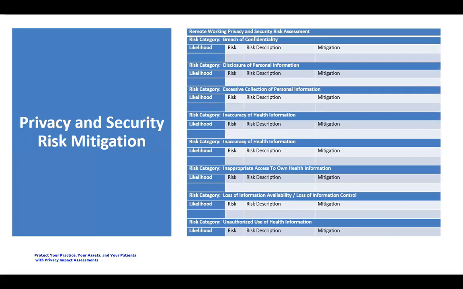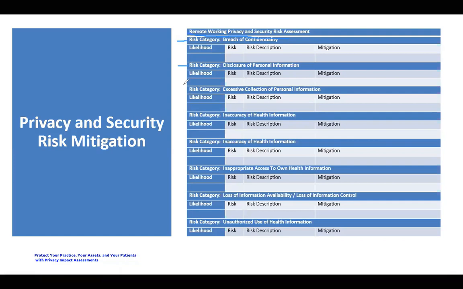Now, this is an example of the risk matrix. So for the project of remote working privacy and security risk assessment, we've identified the different risk categories. This is the category, remote working. And then we've got the different risk categories: breach of confidentiality, disclosure of personal information, excessive collection of information, inaccuracy, and so on.